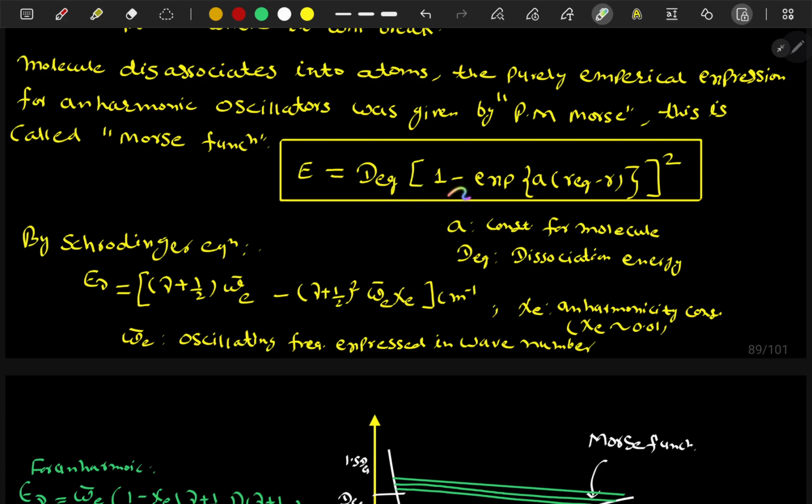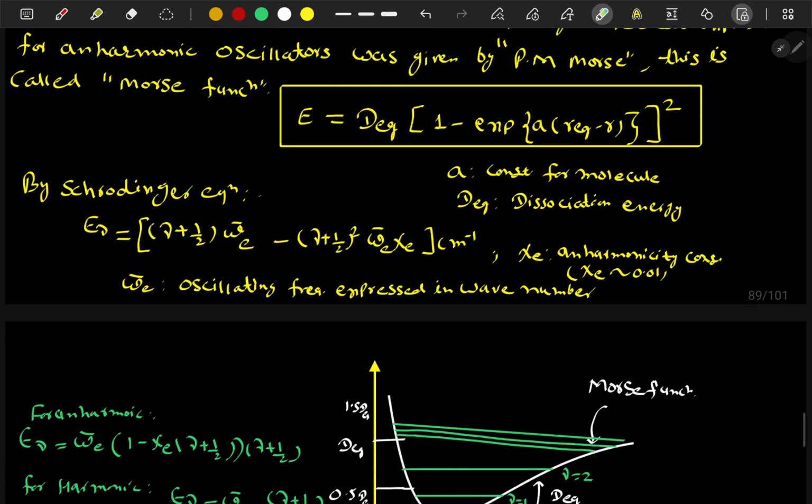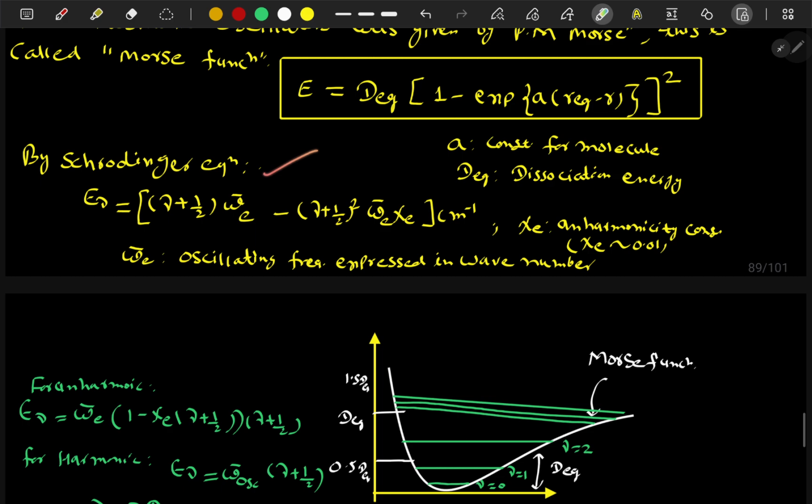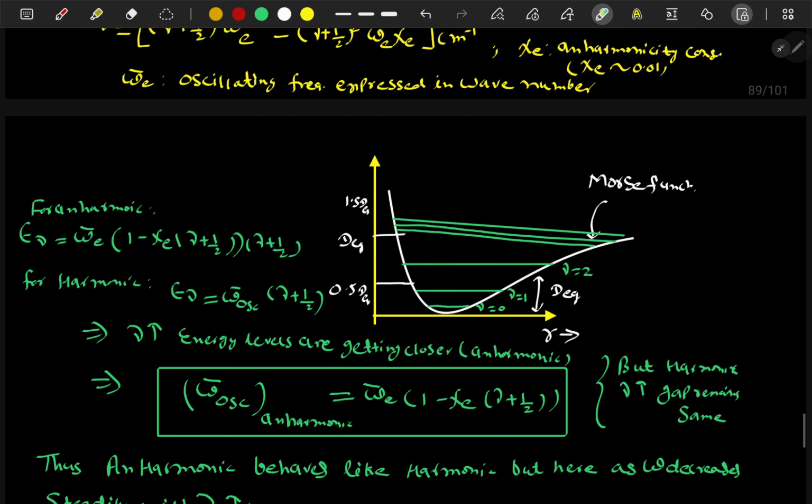V equals D times (1 minus exponential of a(r_eq minus r)) squared. Now we use the Schrödinger equation: E equals (μ plus 1 by 2) omega_e minus (μ plus 1 by 2) squared omega_e x_e, which is in centimeter inverse, where chi is the anharmonicity constant, about 0.01, and omega is the oscillatory frequency expressed in wave number.